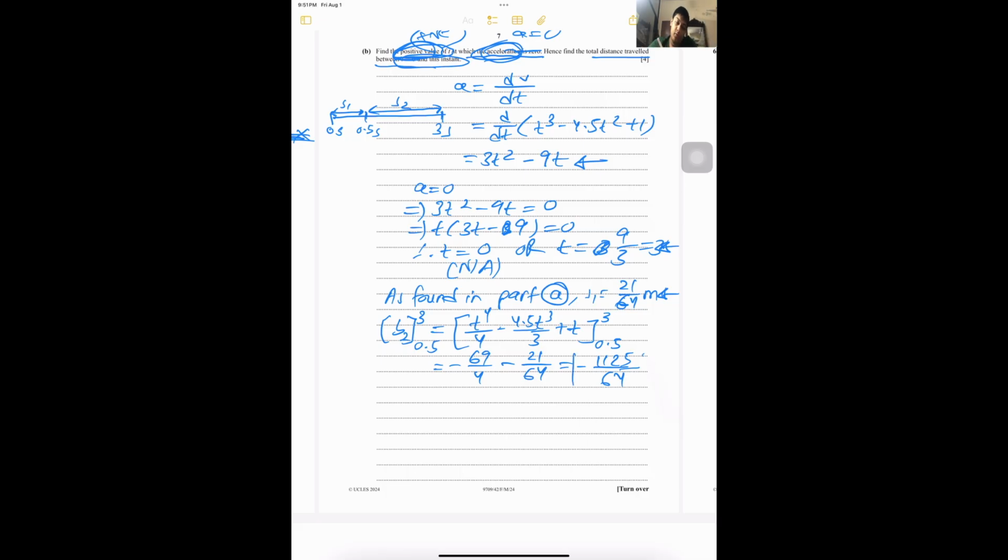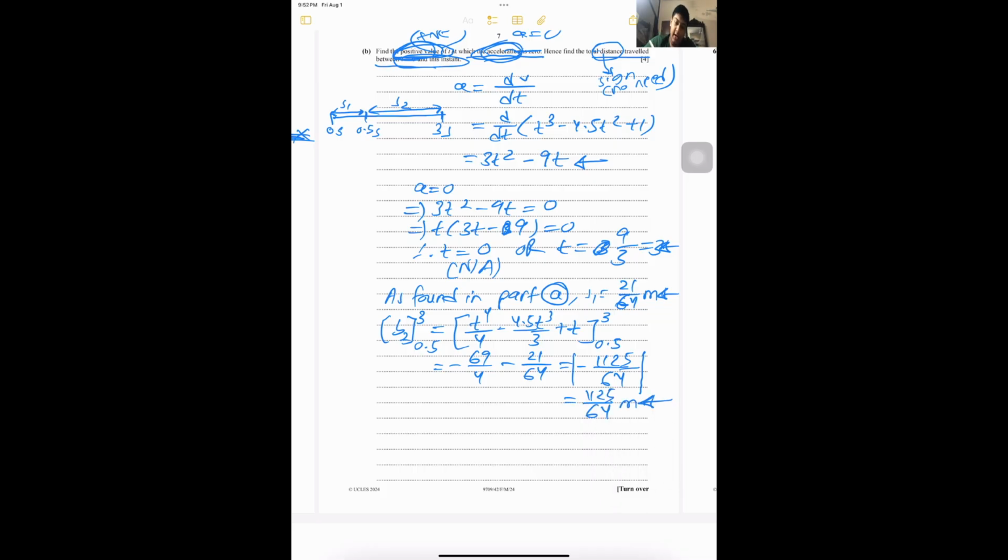Since at the end of the day it has asked for distance, you don't have to look at the sign. No need to look at the sign. Just bring it in modulus brackets.